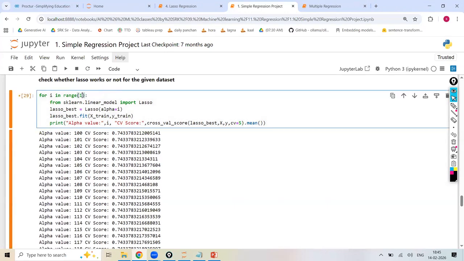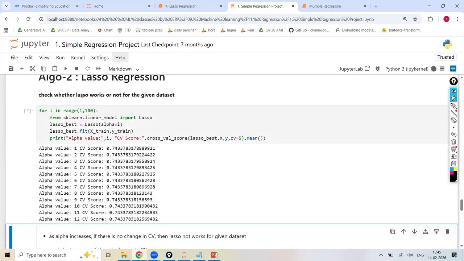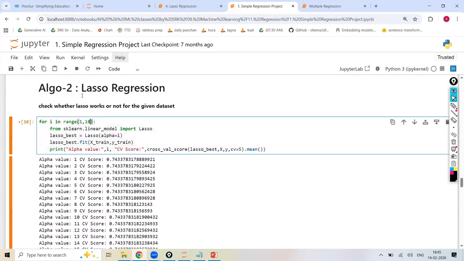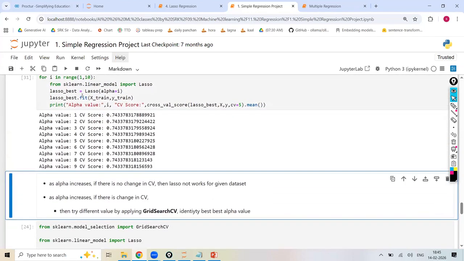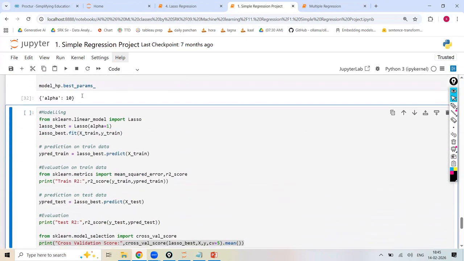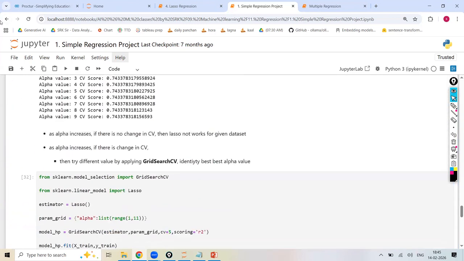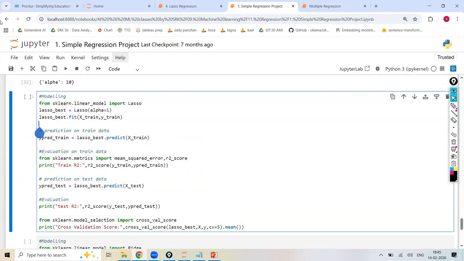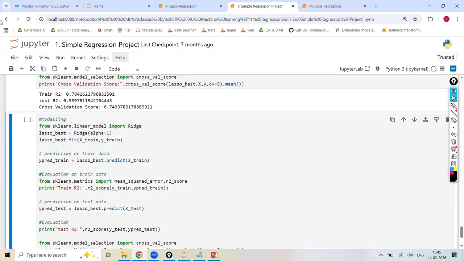When you observe every value is almost the same, no need to try different ones. Otherwise, we apply the grid search CV and whatever alpha value you got here, you have to substitute here and create the model.